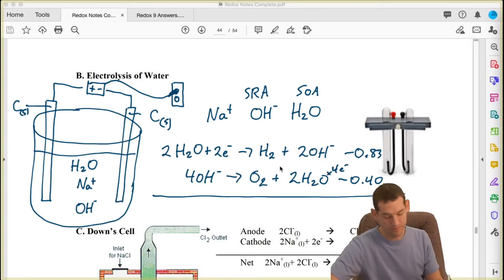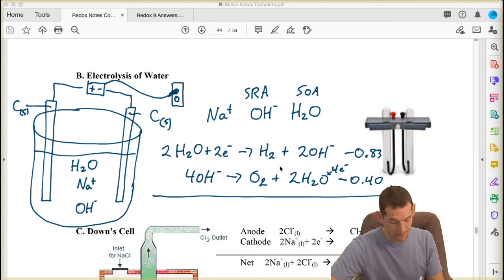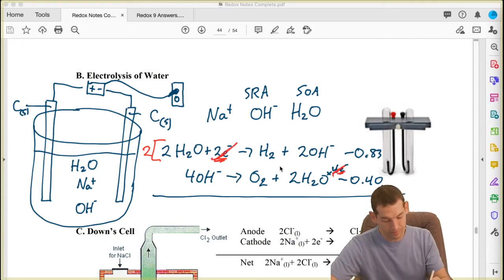Plus 4 electrons. Now to balance our electrons, if we wanted to combine these, I've got 2 electrons here. So I would have to double this one so that I'm gaining 4 and losing 4. Now those will wipe each other out.